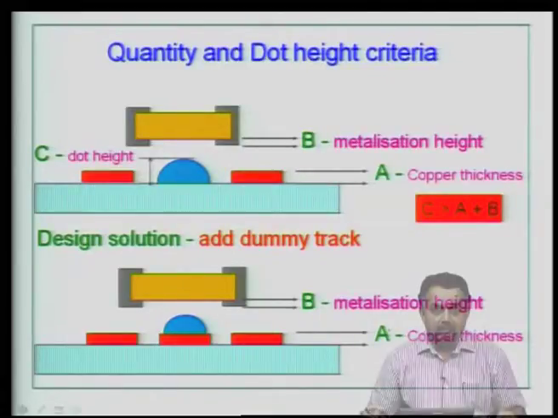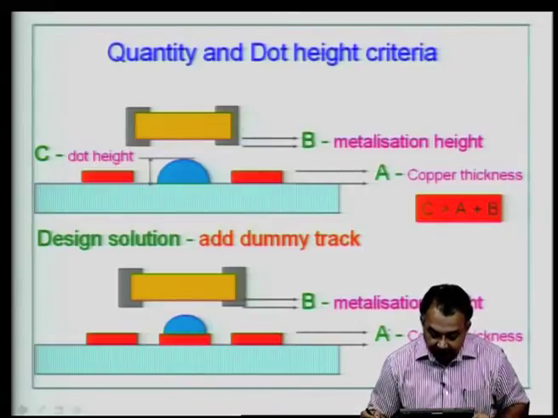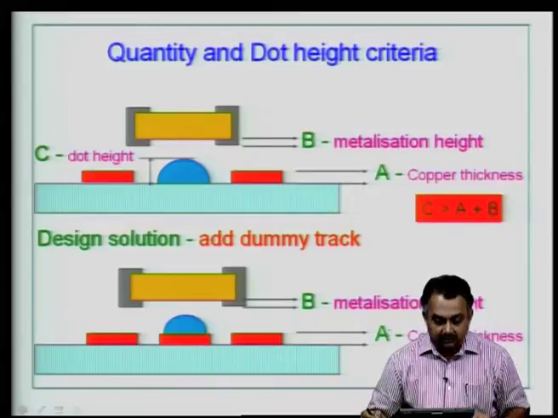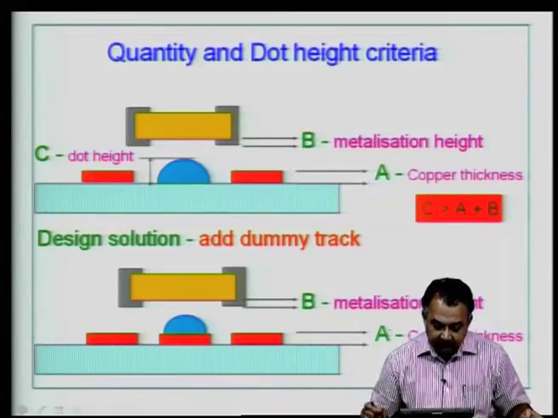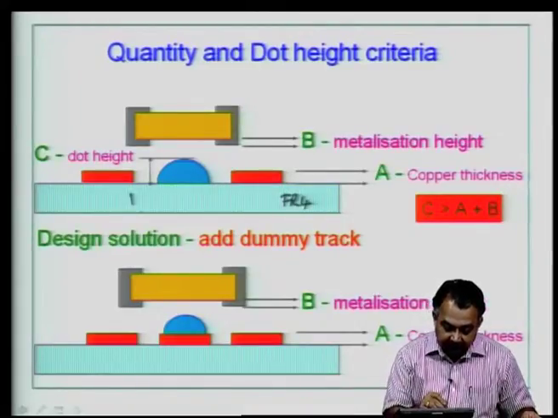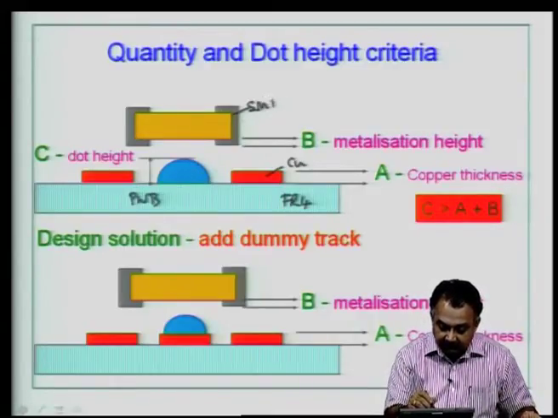Now, we talk about quantity and dot height criteria for dispensing a glue or a solder paste, as the case may be. If you look at the figure at the top, there is an FR4 material here, that is the printed wiring board or the PCB. Then you have the copper land here. This is the SMD device.